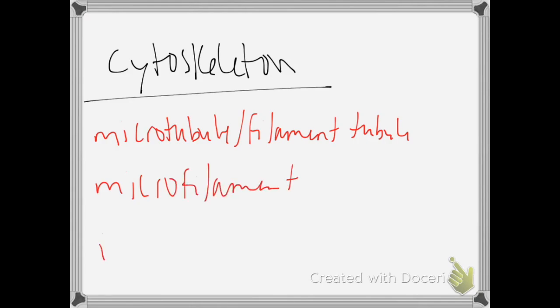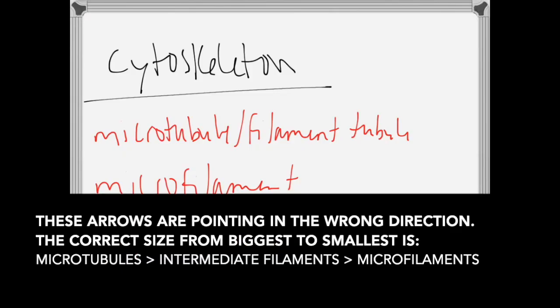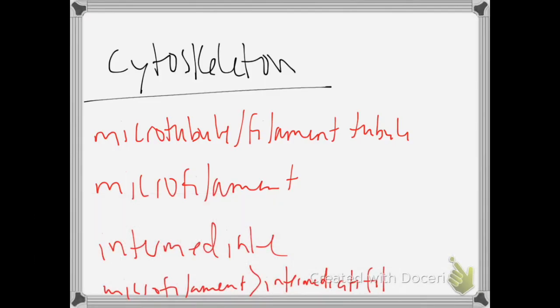And we have intermediate filaments. And let's put these in order from biggest to smallest. So the smallest is going to be a microfilament. Then we'll have intermediate filament. And then we have a microtubule or filament tubule.